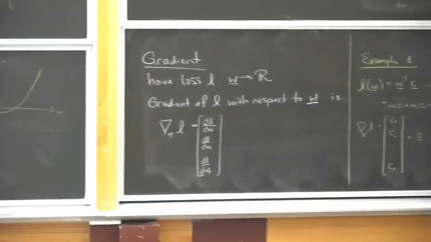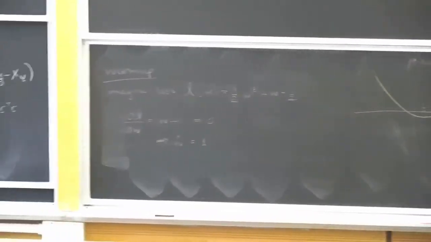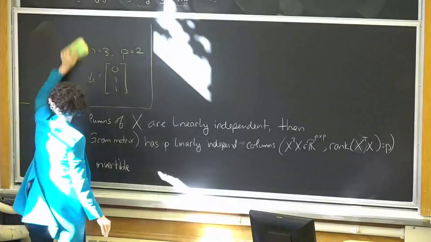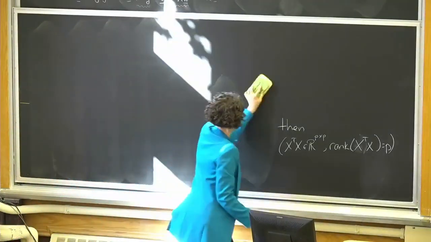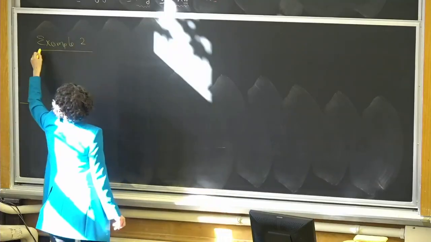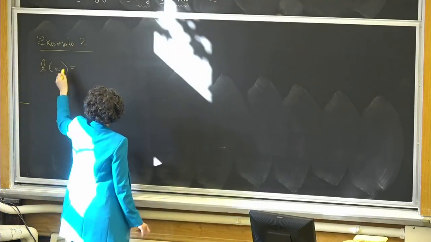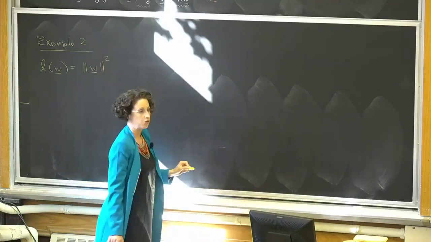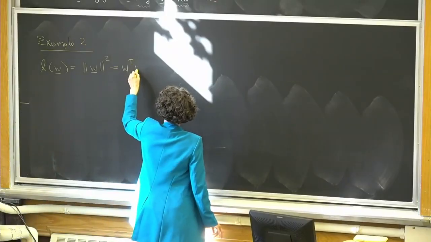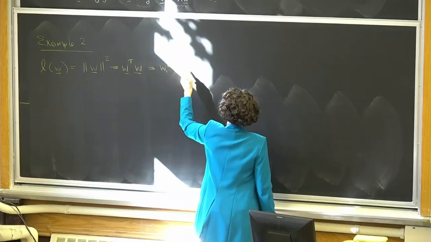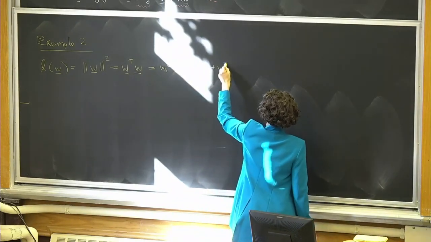Okay, let's work through a few other examples. So here, my loss is going to be the 2 norm of W squared, or W transpose W. And if we were to write this out the long way, we would have W1 squared plus W2 squared all the way to WP squared.